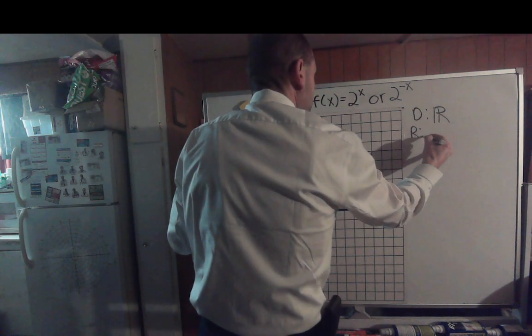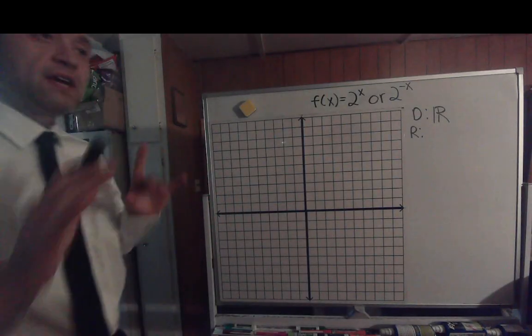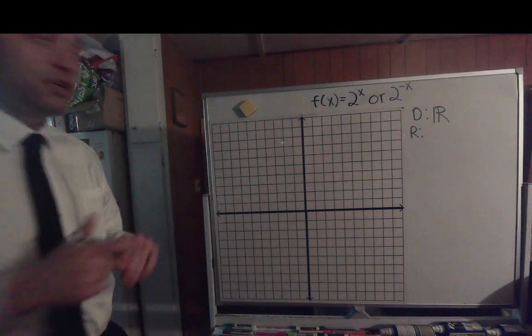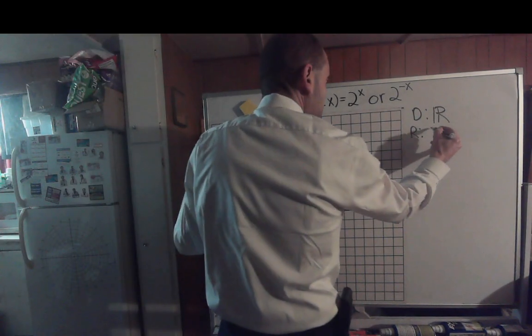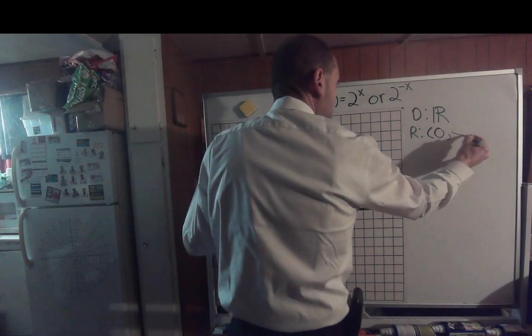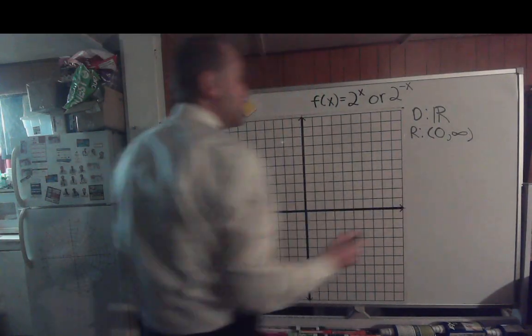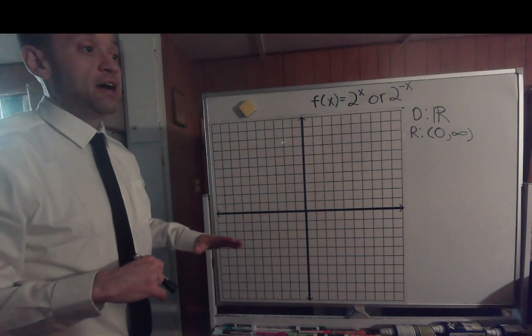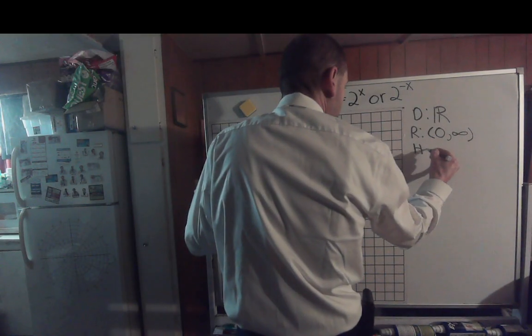Your range, again, being your y value, you never do quite hit a value of 0 for y. You come infinitely close, but you never hit it. So your range is always from 0 non-inclusive to infinity. Which means then you only have a horizontal asymptote at y equals 0.